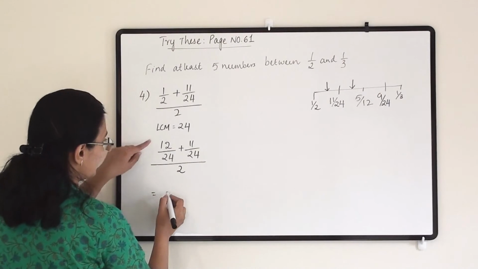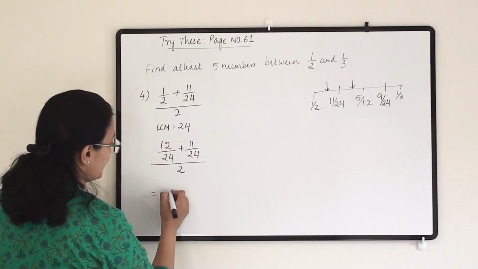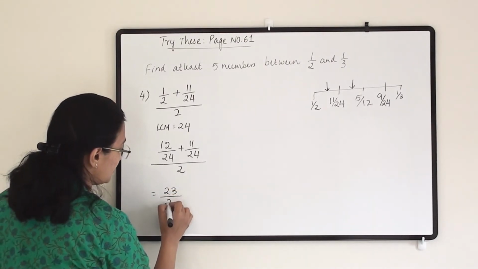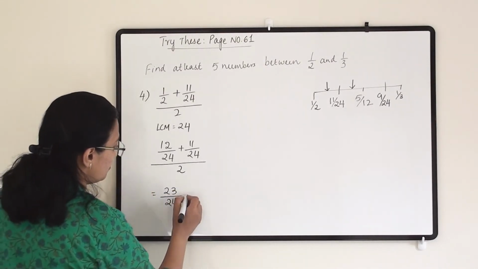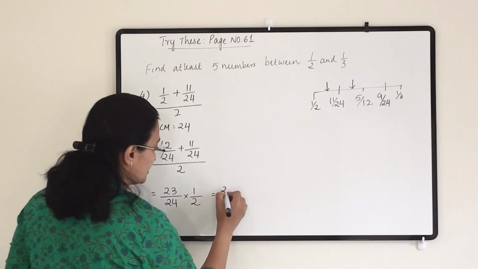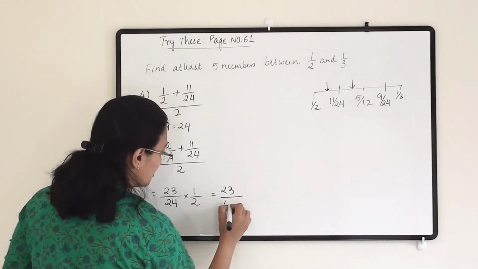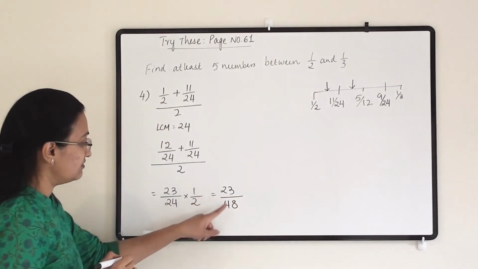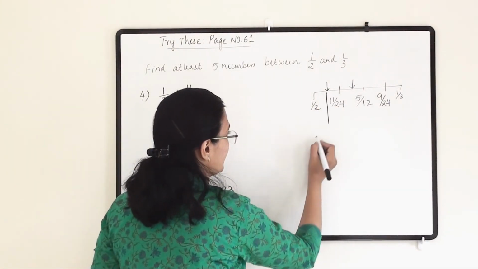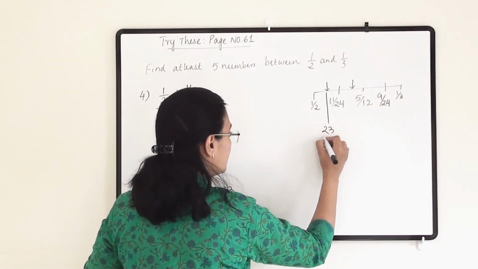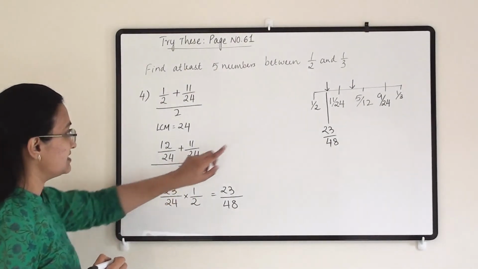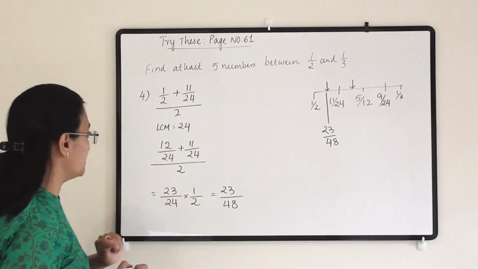I get 12 plus 11, which is 23, divided by 24, and this 2 will multiply with 24. So I get 23 divided by 48. That number will lie here. This is my fourth number, the average between these two numbers.